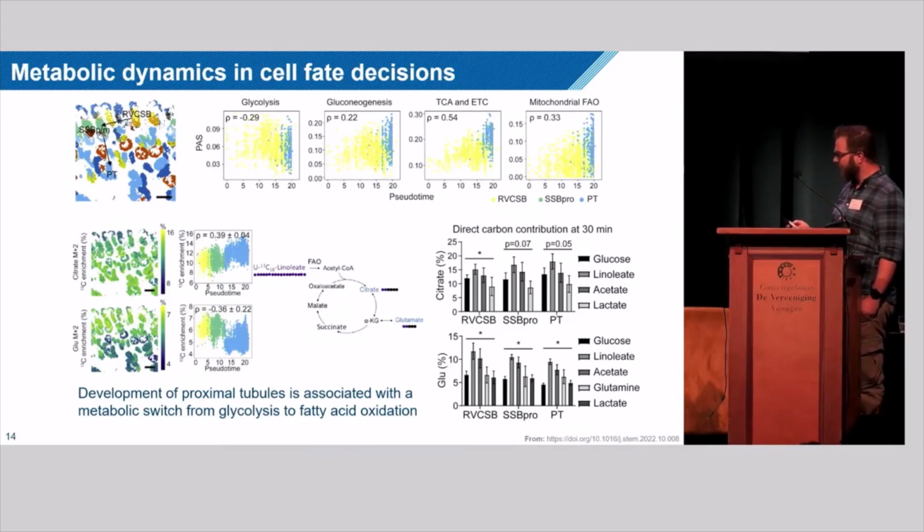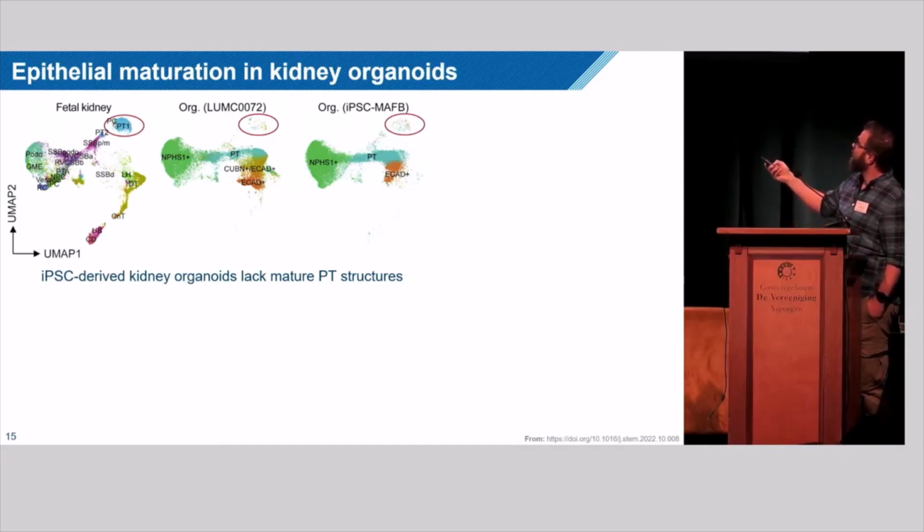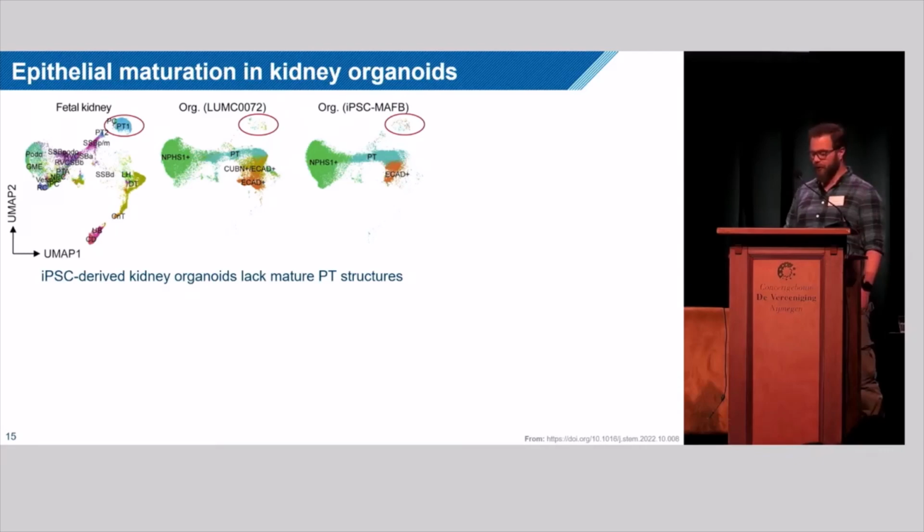Now that we knew this, we wanted to implement it in the organoid culture that we were interested in from the beginning. When we compare the fetal kidney lipidome with the lipidome from organoids of two different iPSC cell lines, we see that the lipid cluster with the mature proximal tubules is missing in the organoid culture.